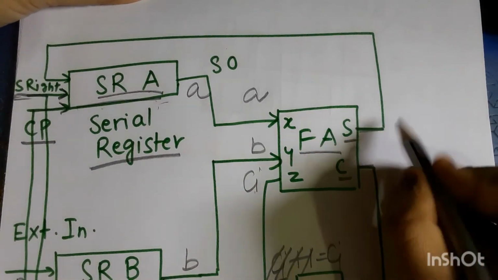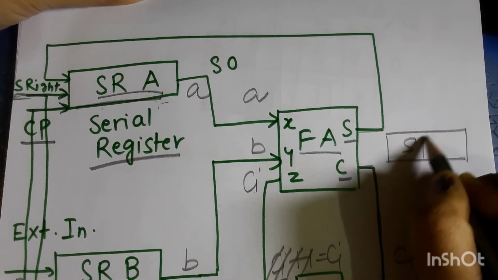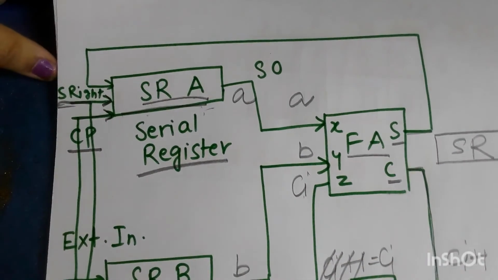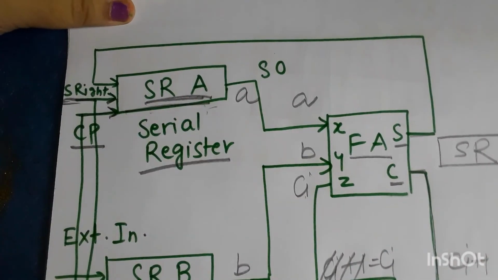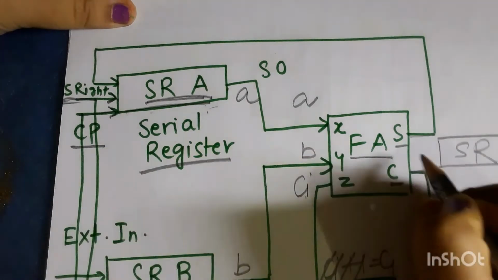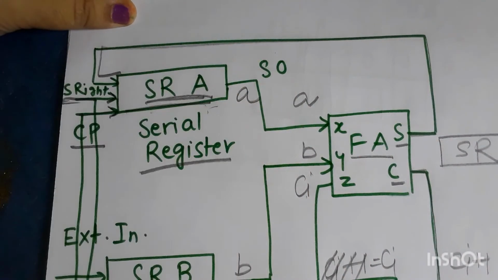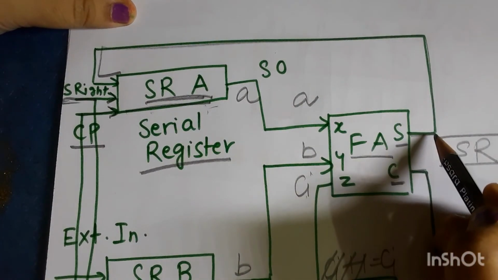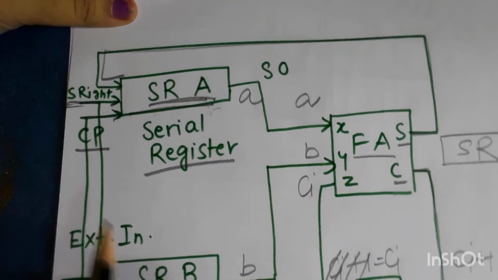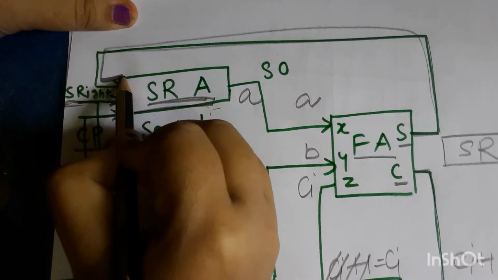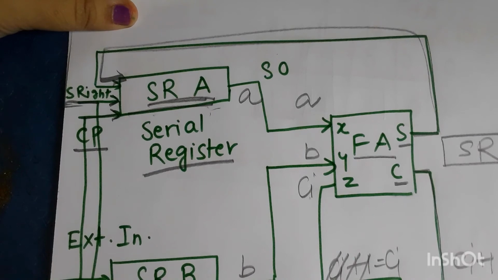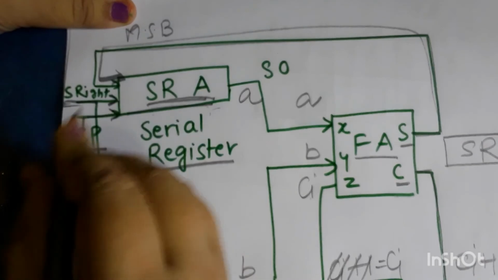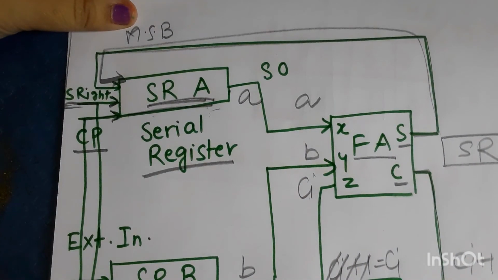For storing the sum value, I also need a shift register. What I did is design the shift register A itself to store the sum value. We are shifting right, so whatever value comes occupies the MSB and continuously shifts right.